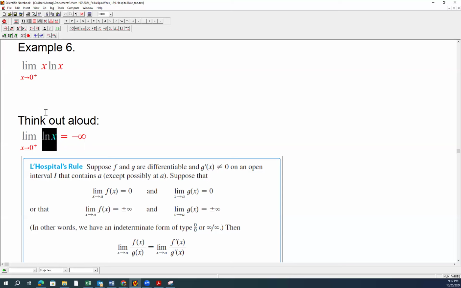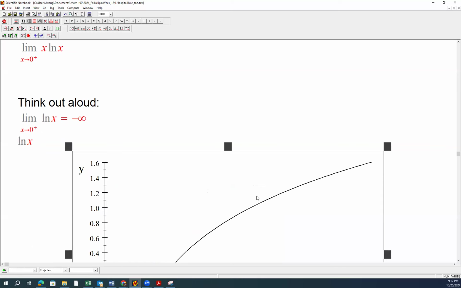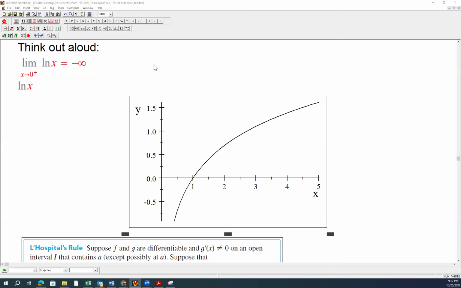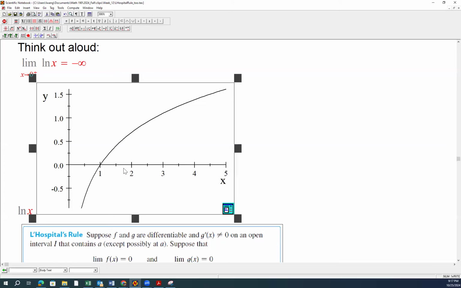The reason is that, of course, you know the curve. You can easily graph the curve of this function. This is the function we must be very familiar with. When x is approaching 0, the domain is x greater than 0.